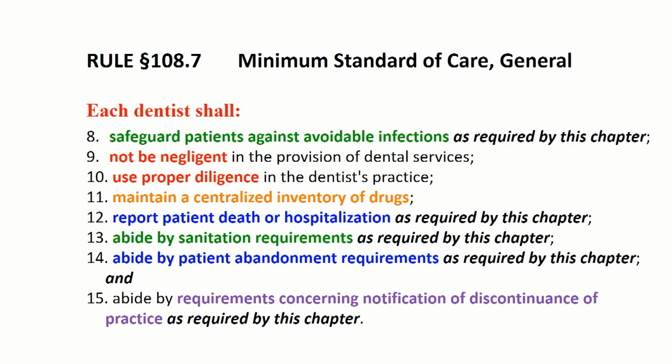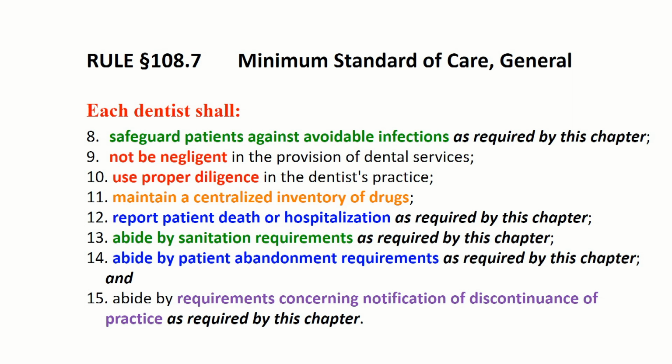And what the state board has done is they have brought these particular subjects, covered in a completely different chapter of the board rules, and enveloped them into the standard of care. So, safeguarding patients against avoidable infections is actually covered in a different chapter, but to do so is considered part of the standard of care.